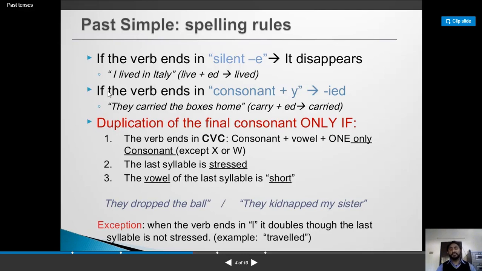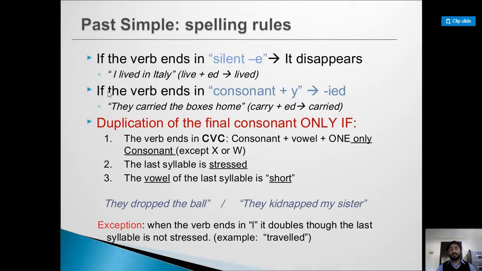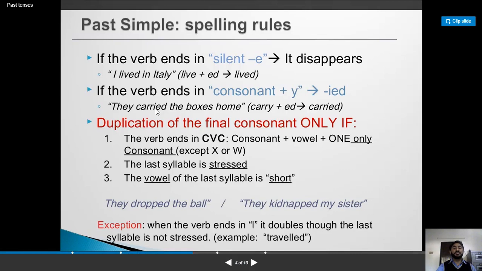If the verb ends in a consonant plus y, it becomes ied. These spelling rules we have already discussed in the present simple as well. She carried the boxes home. Here you can see y at the end of the word, and before the y there is r, which is a consonant.